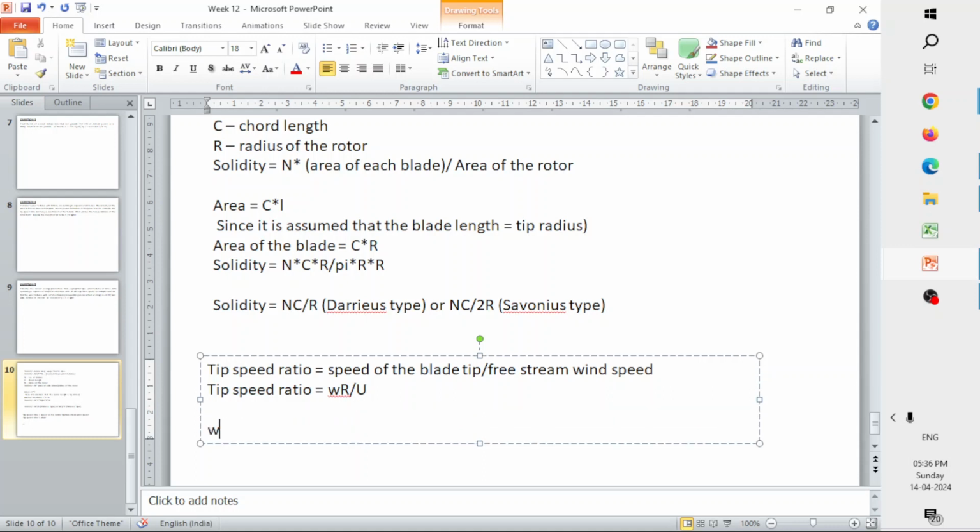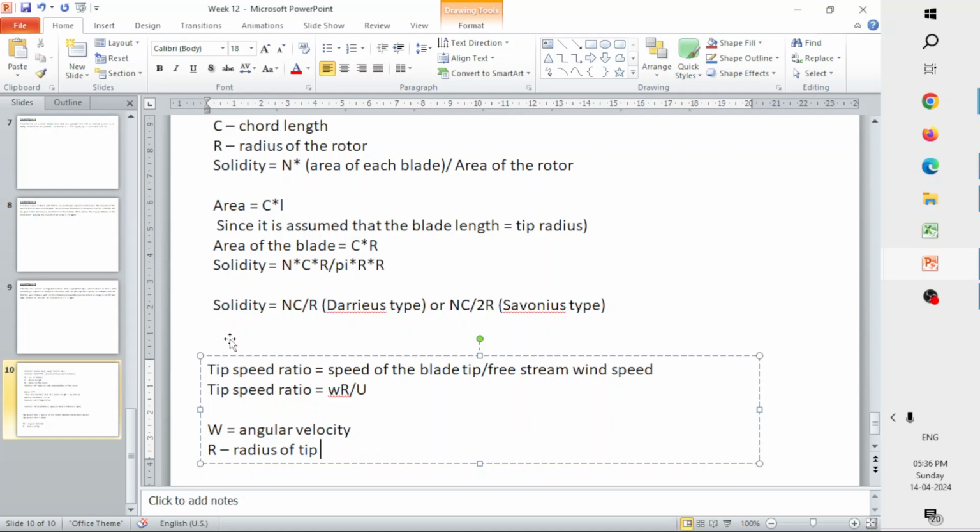Omega is not the velocity, it is the angular velocity. Since the rotor is rotating, the blades are rotating, so you will have an angular velocity. Because of that only it actually rotates. So omega is your angular velocity, and r is the radius of the tip. So this is something about the tip speed ratio.